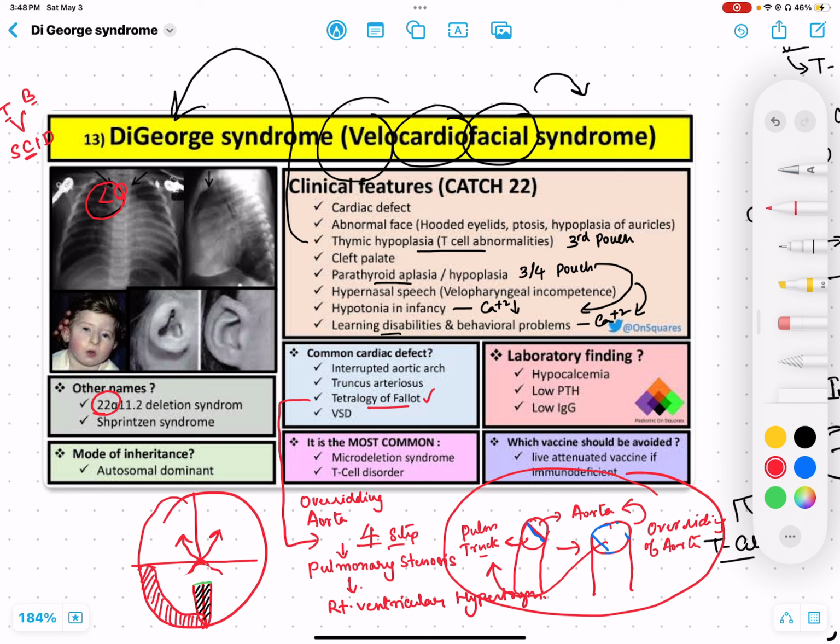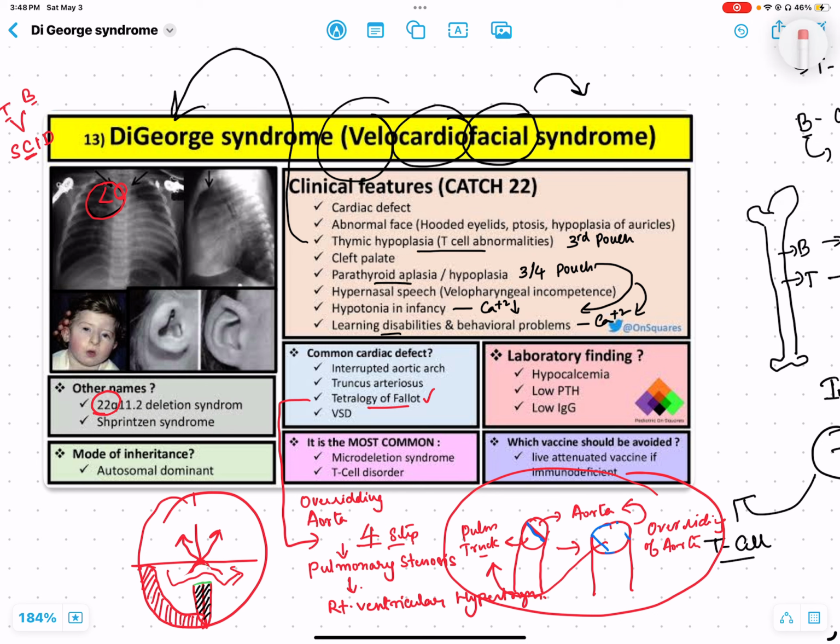So this is the mechanism, and because there is a ventricular septal defect, the blood will transfer here. So this is what is commonly seen in DiGeorge syndrome, and very commonly if you can see an ASD here, that is called pentalogy, because it has 5 components.